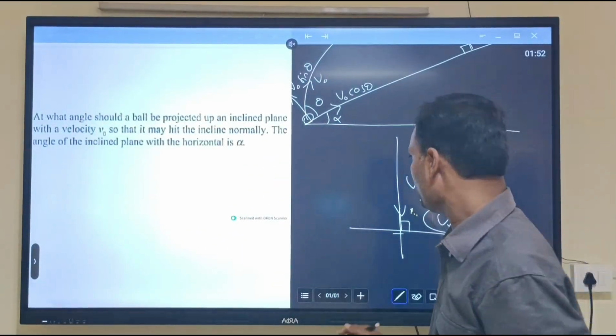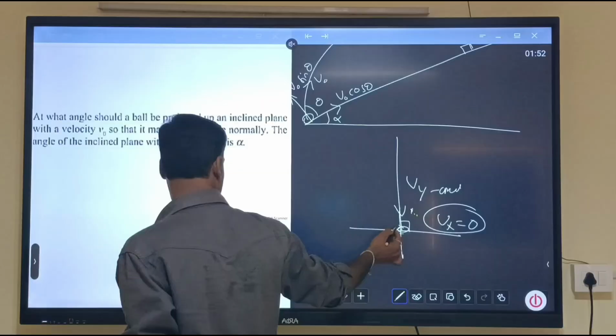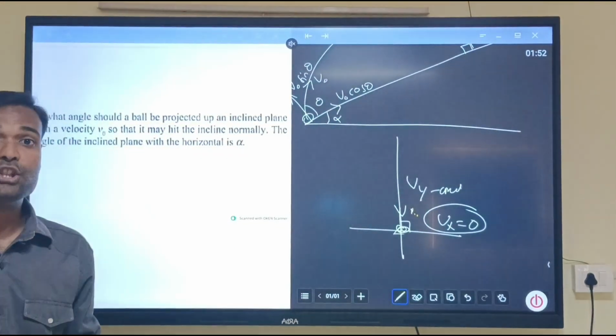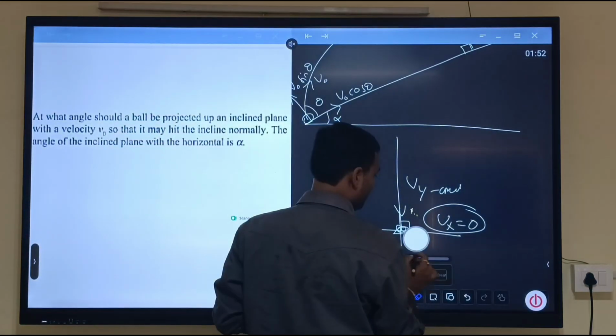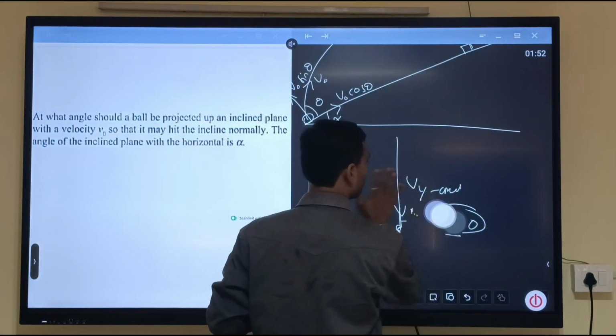So the velocity at this point on the x-axis is 0. Clear? So we have to use that concept now and try to solve this question.